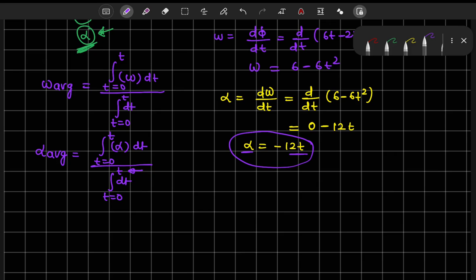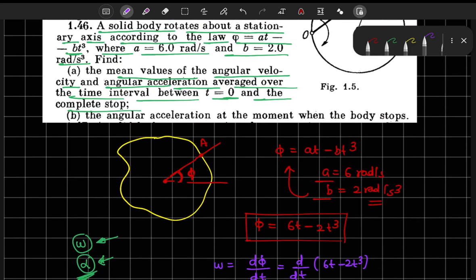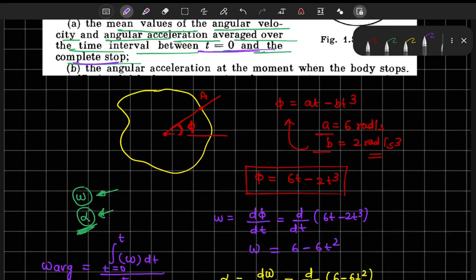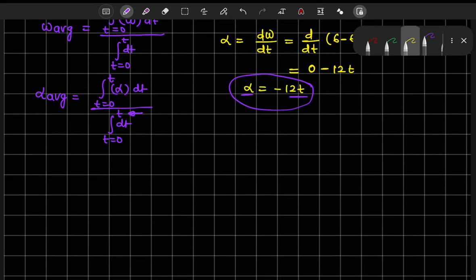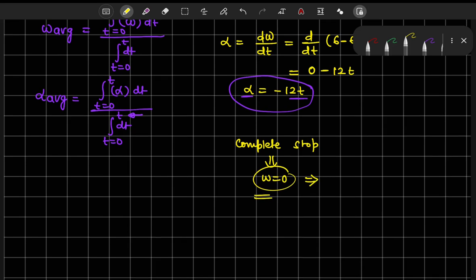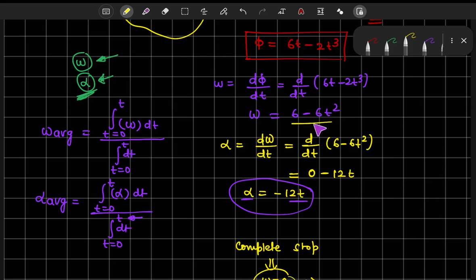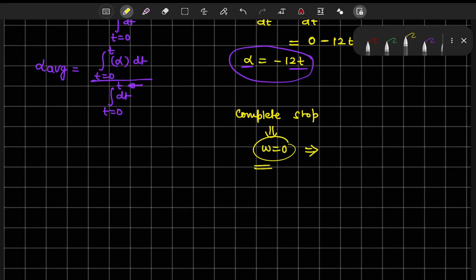And what is the final time? It is given that it is the complete stop. Complete stop means when the angular velocity is equal to 0. So what is the expression of angular velocity? We have got it as 6 minus 6t square.